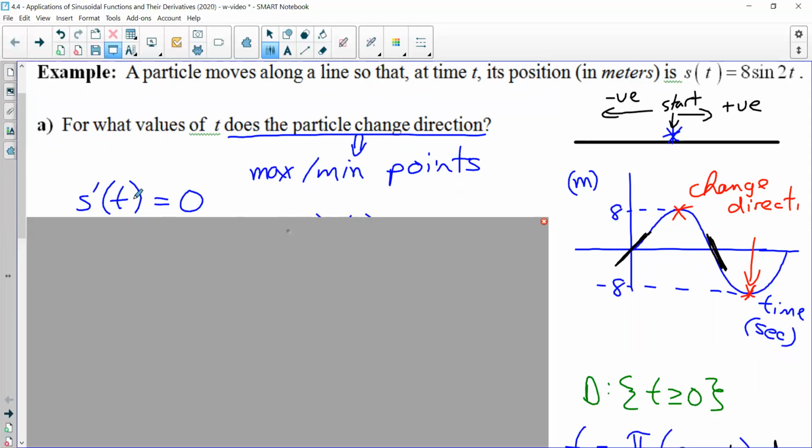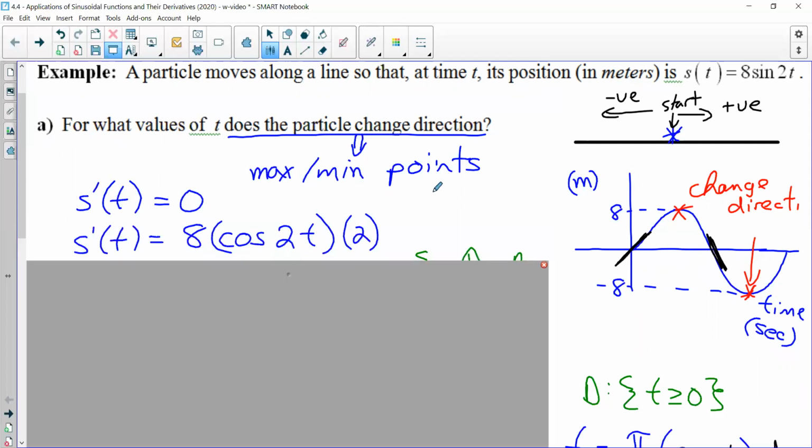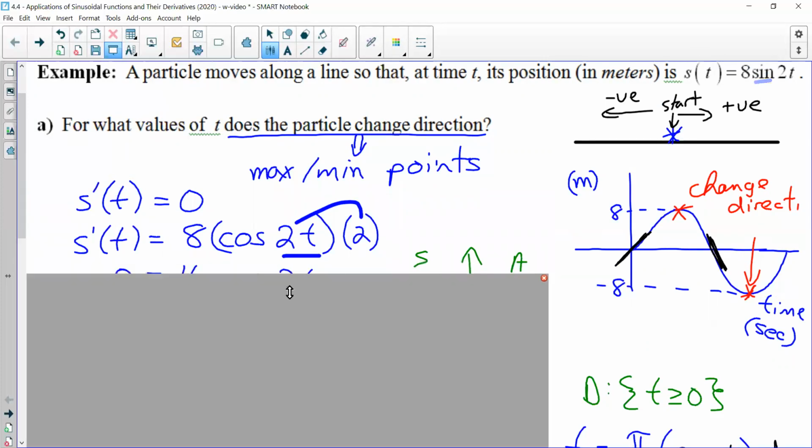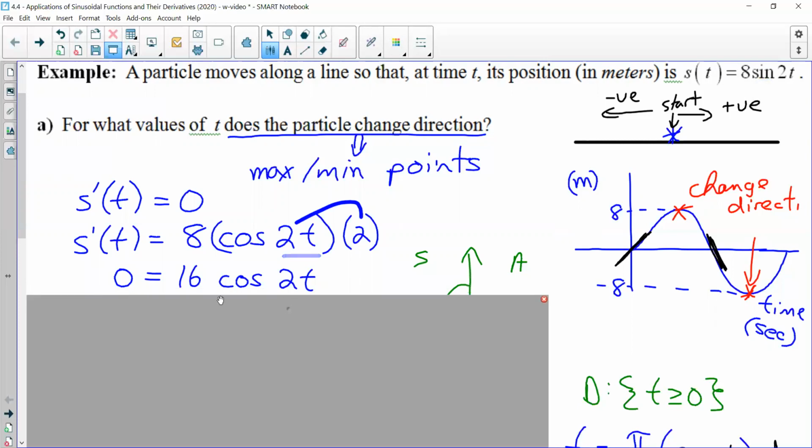So the derivative of the displacement function has to be 0. The derivative of the displacement function is 8. Derivative of sine is cos. Keep the angle the same, but then chain rule, taking derivative of 2t is 2. So we need to solve that equation when the derivative is equal to 0.